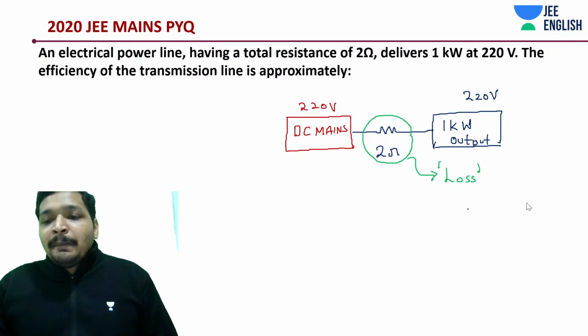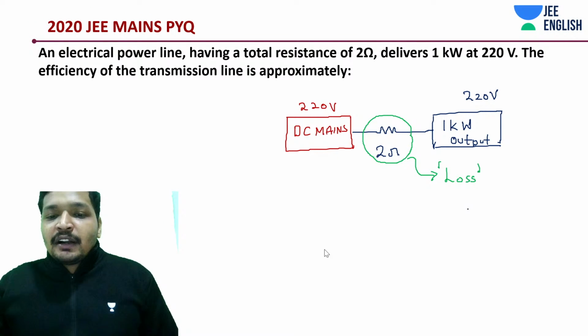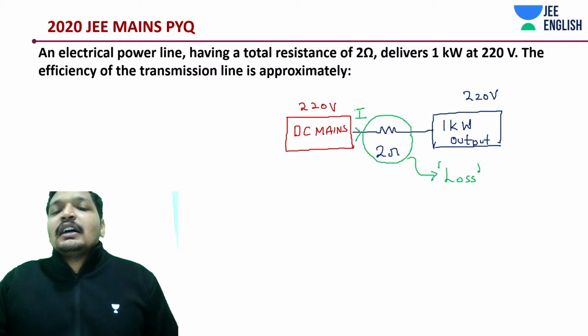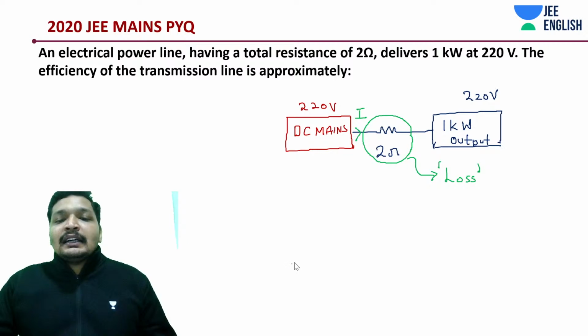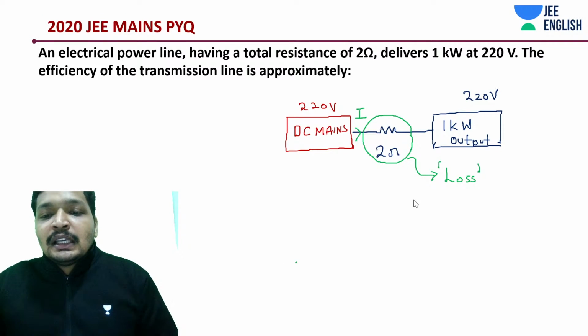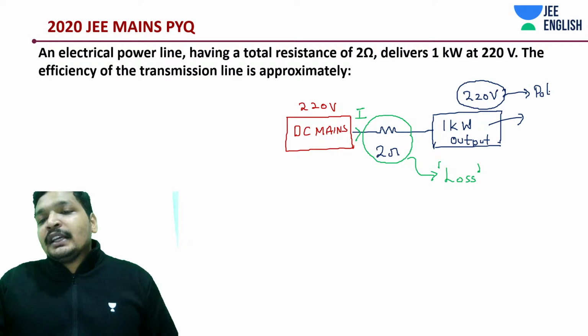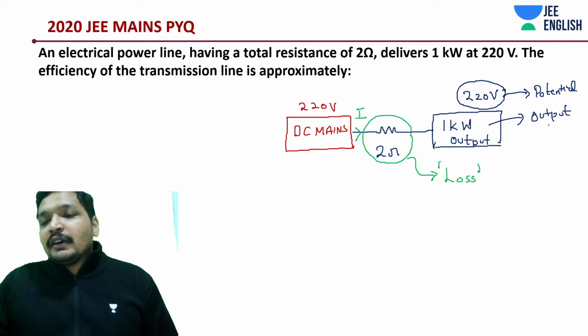Okay. So there is a power loss, and this power loss is determined by what? Some current that is flowing. And how do you determine the current? You know the output power that you are able to deliver at some potential, 220 volts.